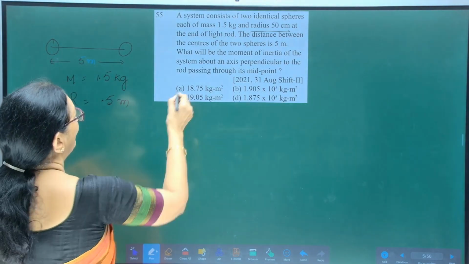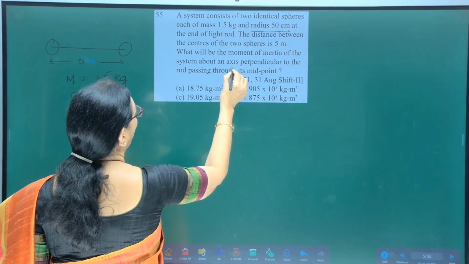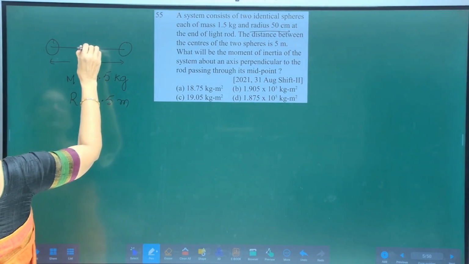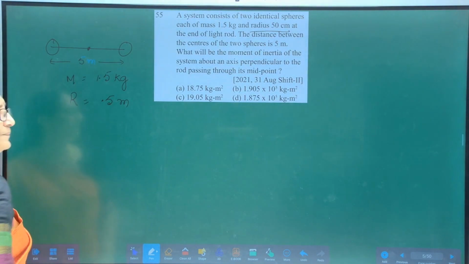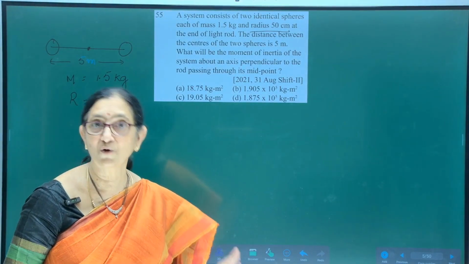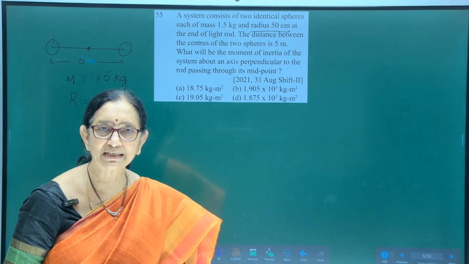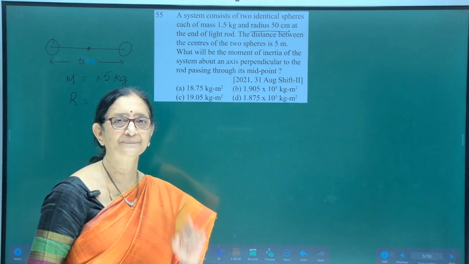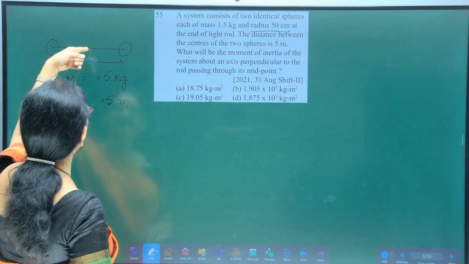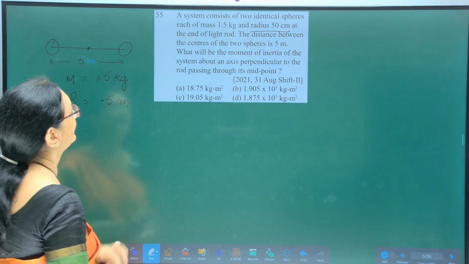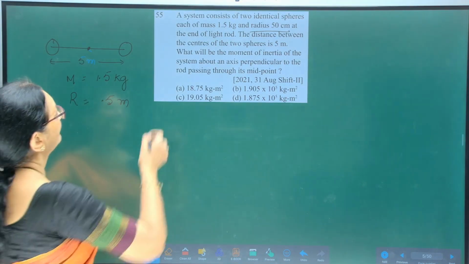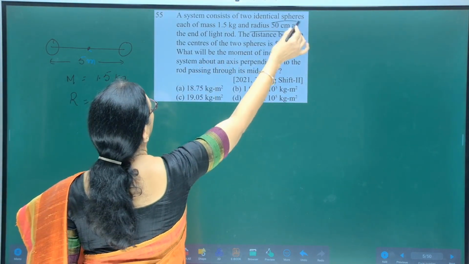What is the moment of inertia of the system about an axis perpendicular to the rod passing through the midpoint, like this? See here, as that is a massless rod, the rod has no moment of inertia. We have to just find the moment of inertia of those two spheres about this axis passing through the center and perpendicular to the length of the rod. The system consists of two identical spheres.